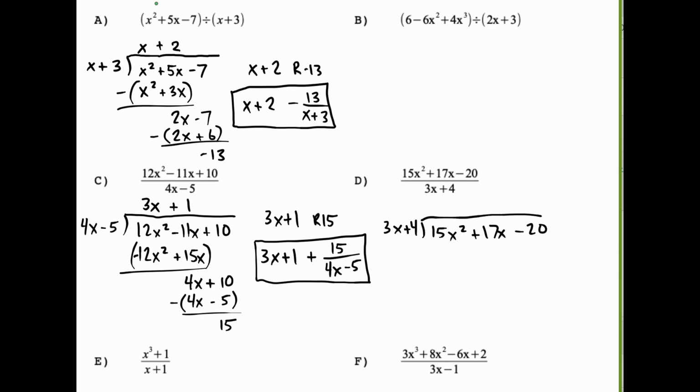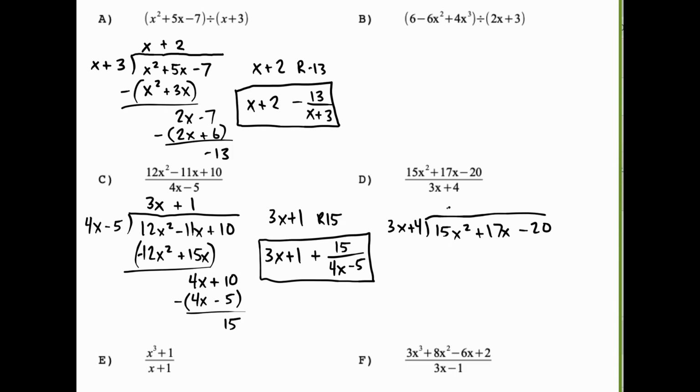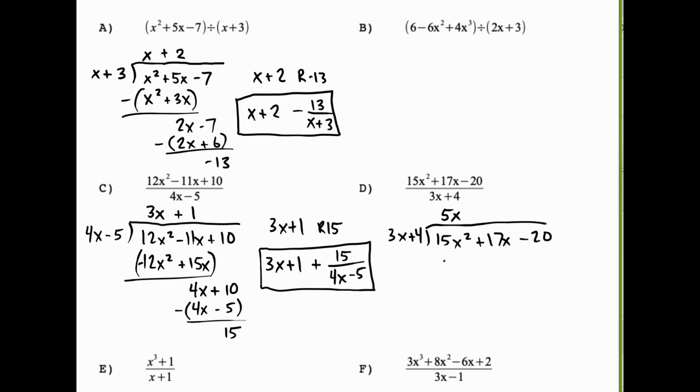Alright, so you want to examine this thing closely and see what times 3x makes 15x squared. I should multiply by 5x. Alright, so now I distribute that, get 15x squared plus 20x.